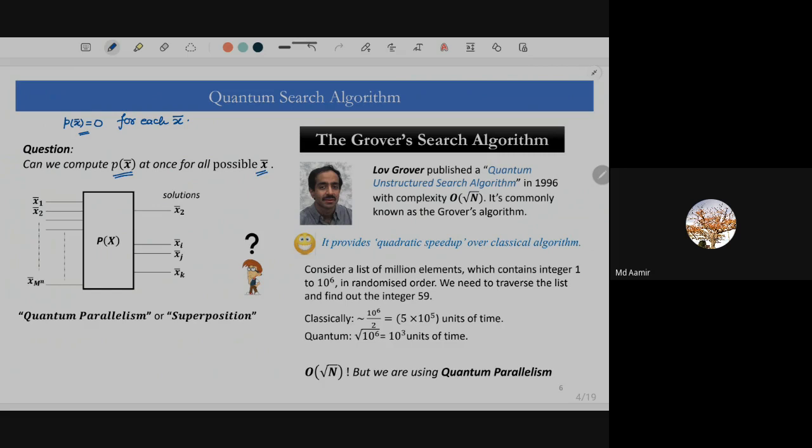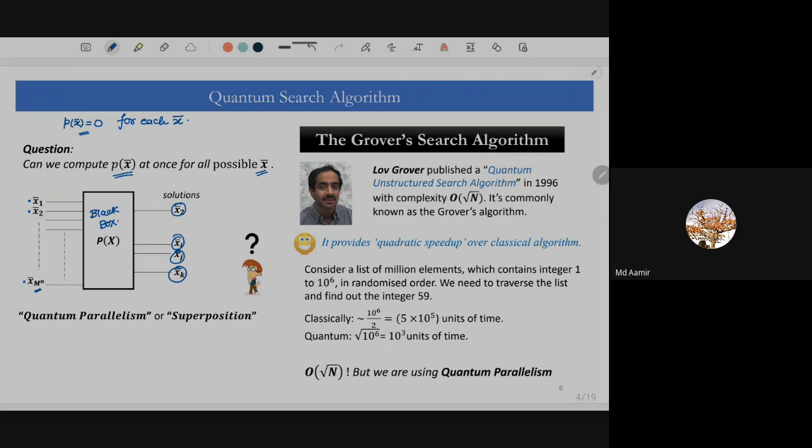So let's say we have x1, x2, till xn, with each in m values, and we feed it into a black box. This is some black box; we don't know anything about it. And then we get the solutions: p of x1 is 0 or non-zero, p of x2 is 0 or non-zero. We get all at once. So can we do that?